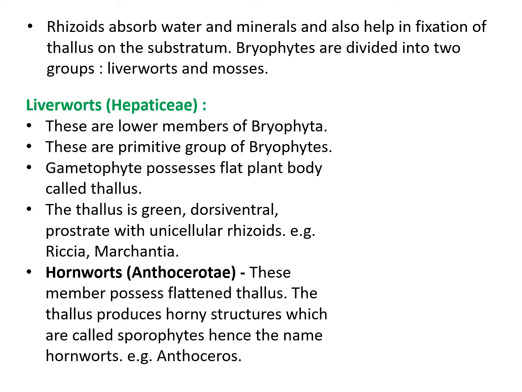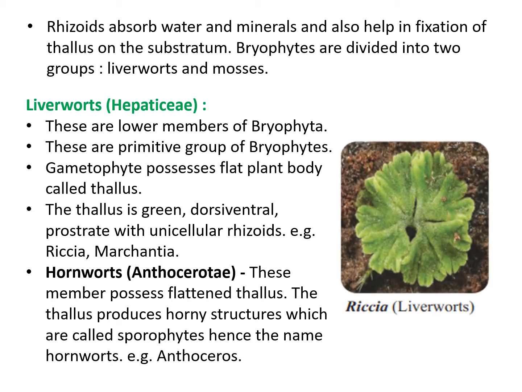The gametophyte possesses a flat plant body called thallus. The thallus is green, dorsiventral, prostrate with unicellular rhizoids. Examples: Riccia and Marchantia.